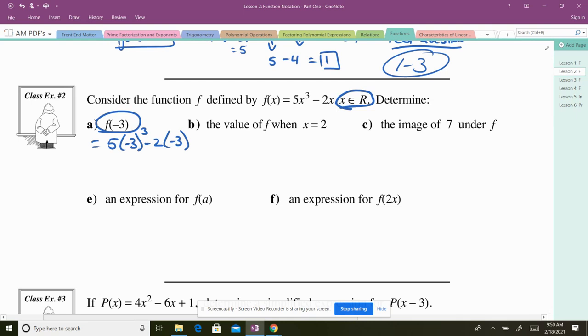Okay, so what do we do first? Brackets and exponents, right? It is, but it's going to change in a sec here. Negative 3 to the power of 3. Anybody know what that is? Negative 3 times negative 3 is 9 times negative 3 is negative 27, right? Negative 2 times negative 3 is?